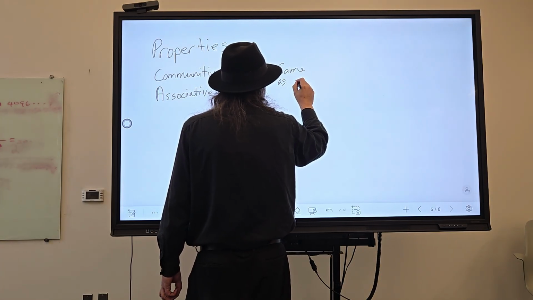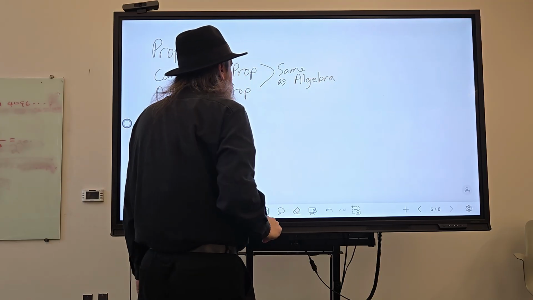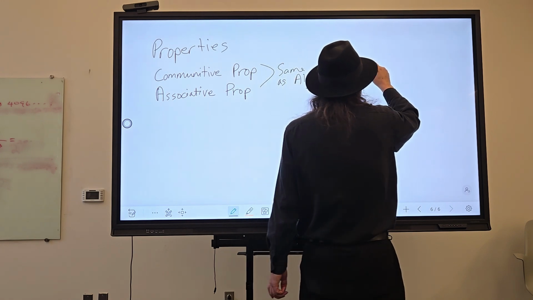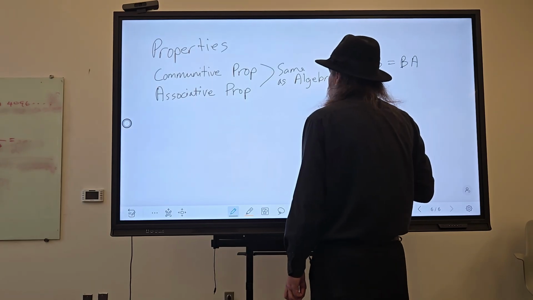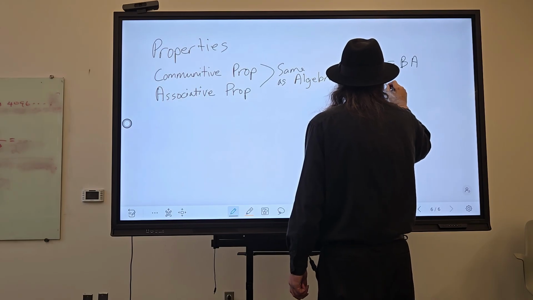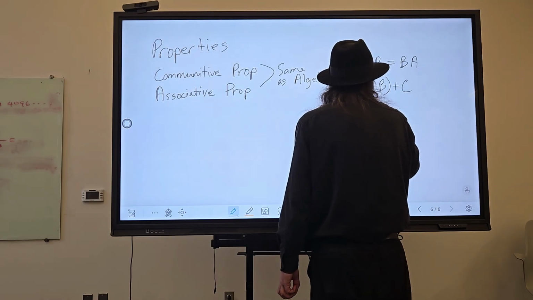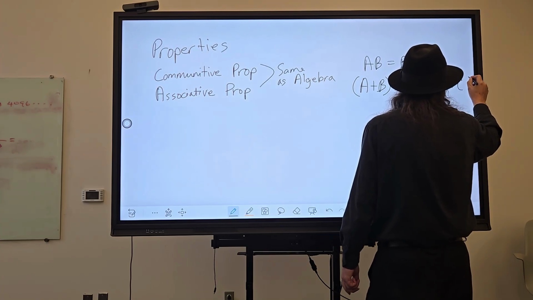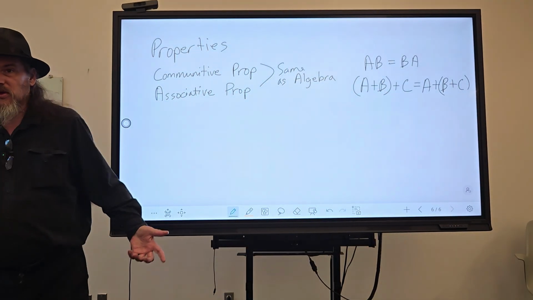Same as algebra. Which basically means AB equals BA. And A plus B plus C is equal to A plus B plus C, like so. Just like in regular algebra.